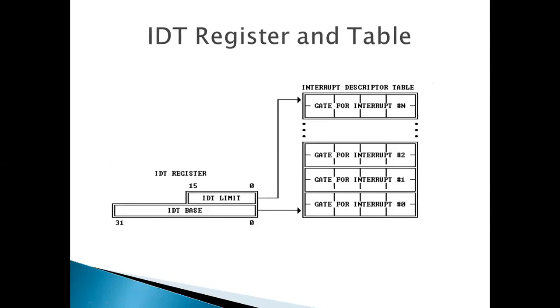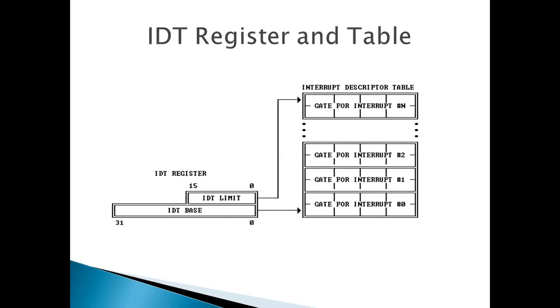Okay, so what structure will it have? It will be maintained in the form of the interrupt descriptor table, where we are going to have the data for interrupts. Then it will maintain the IDT, which will be part of the registers, right? So ultimately the IDT register and table are both associated parts.